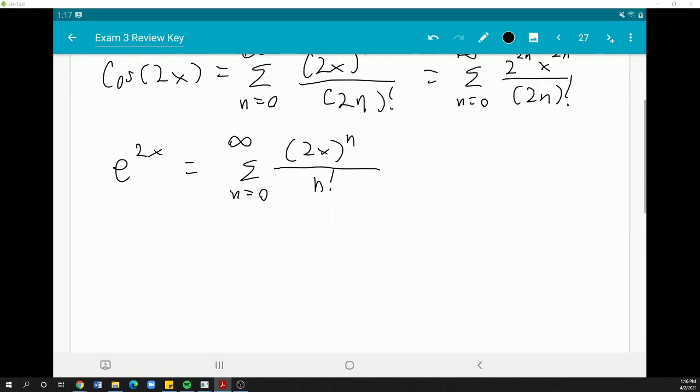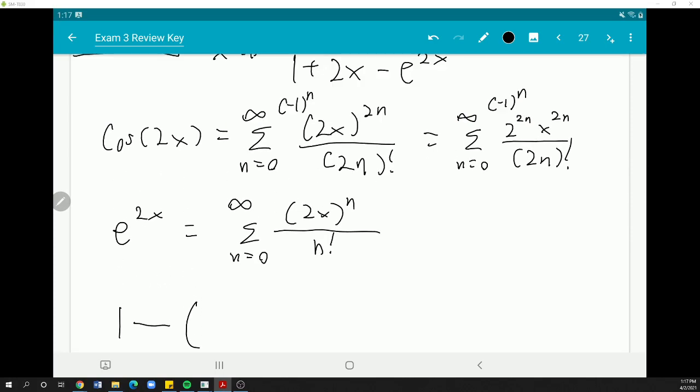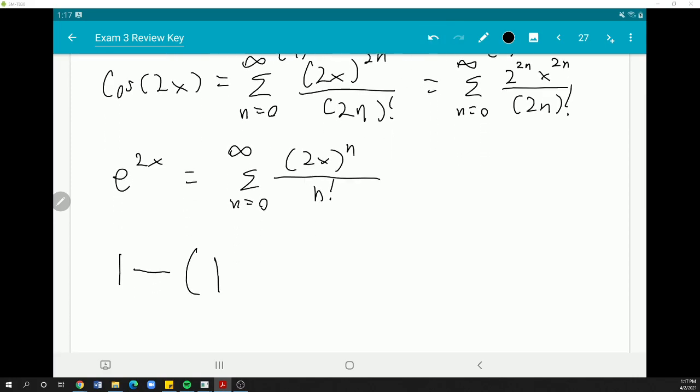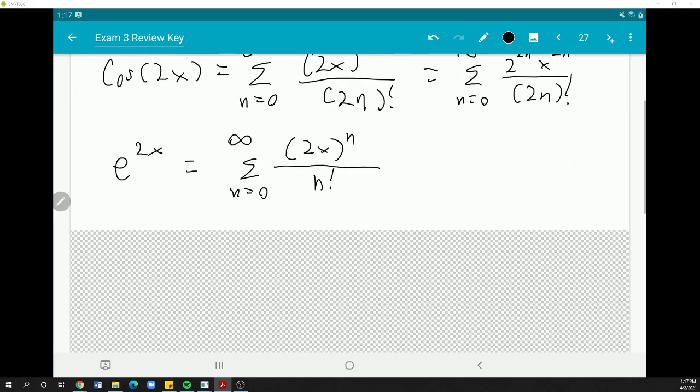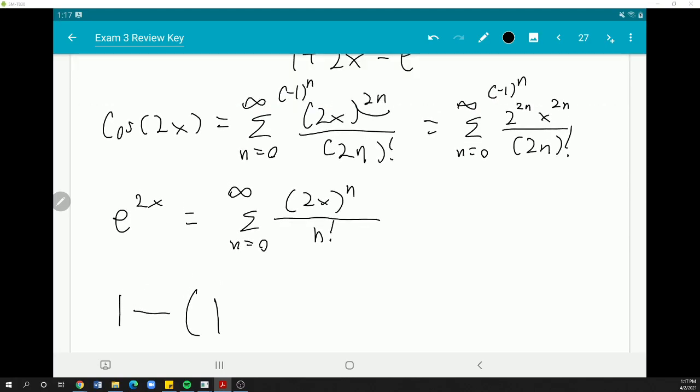So go back. This is 1 minus, and then let's plug in, say, the first 2 or 3 terms. When I plug in 0 for n, this is 0, so we get a 1 over 2 times 0 factorial. So I get 1. And then I plug in 1.